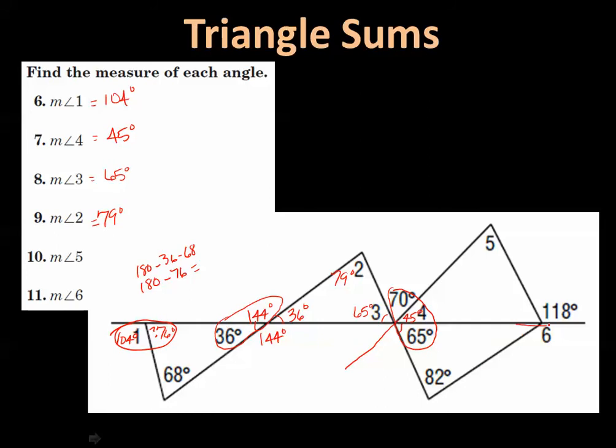And then if you look right here, these are a linear pair. So 180 minus 118 is 62. And then I can find angle 5 through the triangle sum theorem. 180 minus 62 minus 45 gives me 73.